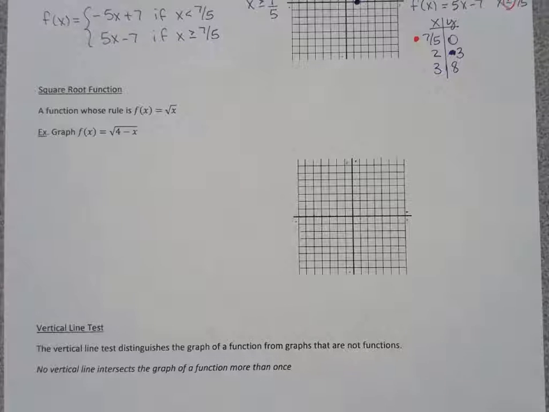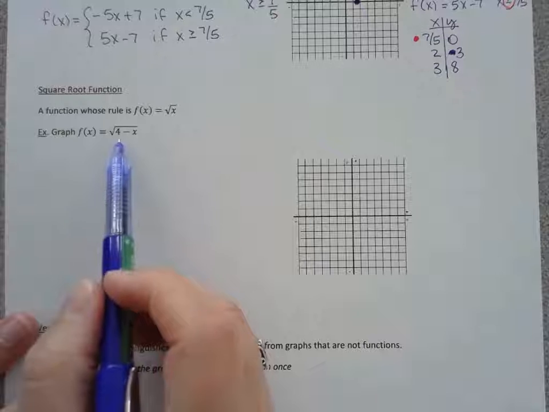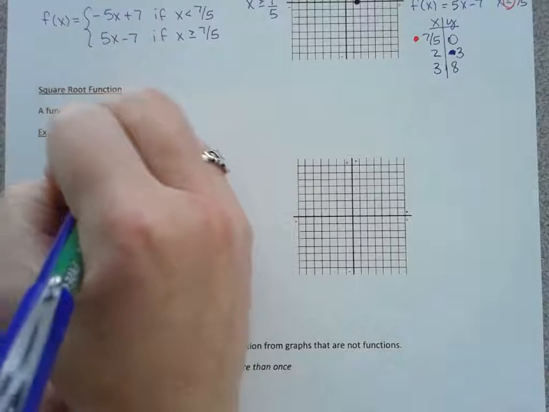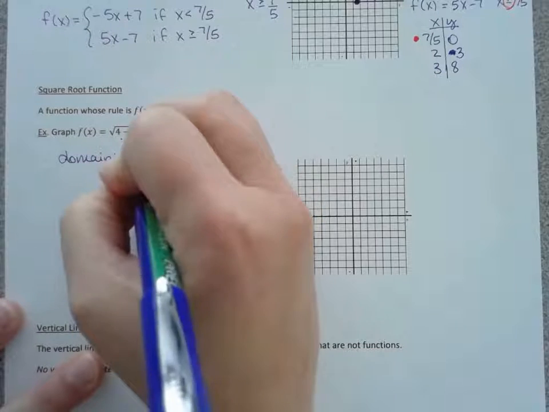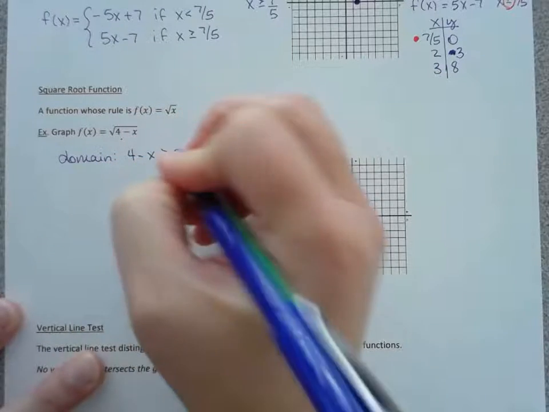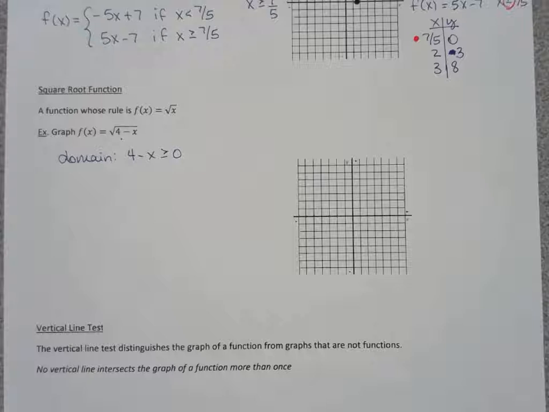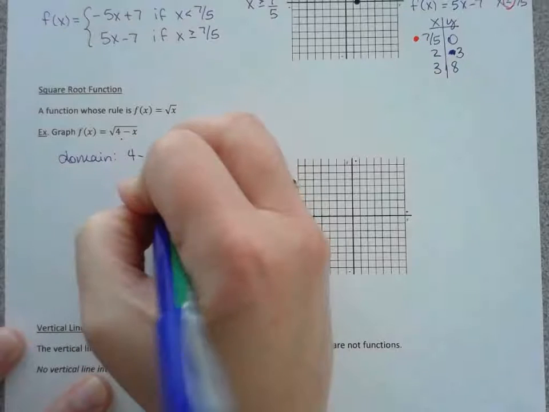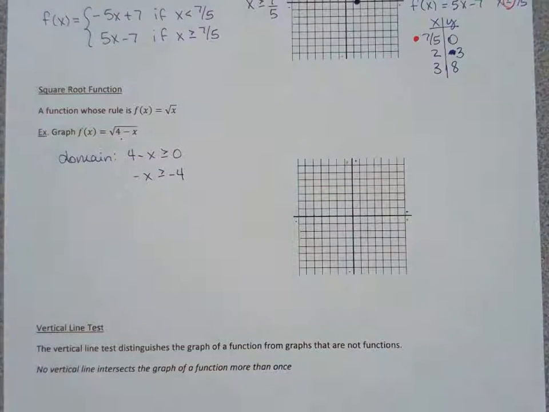If we look at this example where we have the square root of 4 minus x, and we talk about the domain of that function, we know that 4 minus x has to be greater than or equal to 0. If we solve that inequality, subtract 4 from both sides, we have negative x is greater than or equal to negative 4.